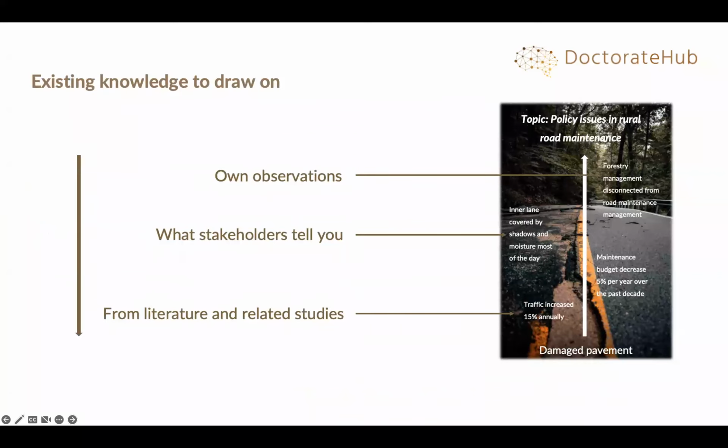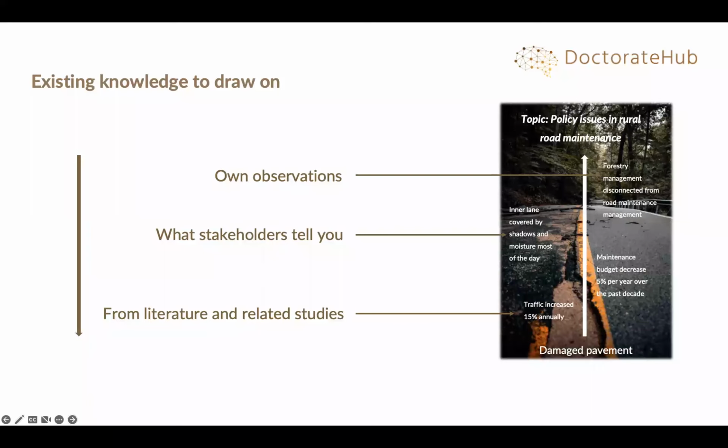Yeah, existing knowledge to work over, own observations, what stakeholders tell you, from literature and related studies. Yeah, as in those three cases. Forestry management disconnected from road maintenance management, inner lane covered by shadows and moisture most of the day. Maintenance budget decreases 5% per year over the past decade, that you get from the statistics, while traffic increased 15% annually.